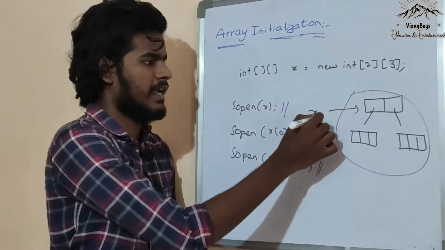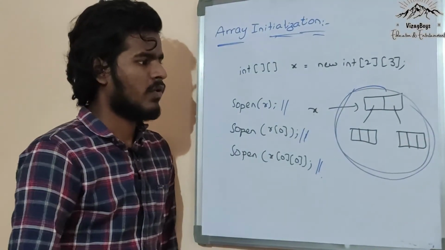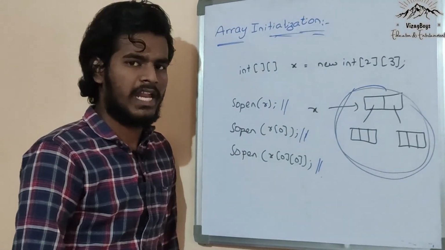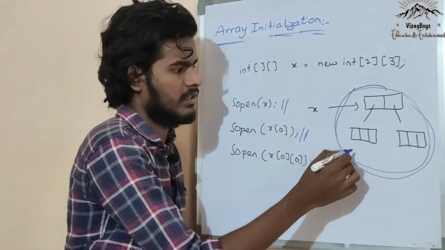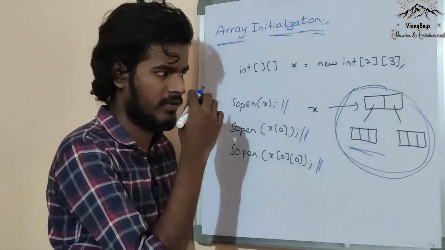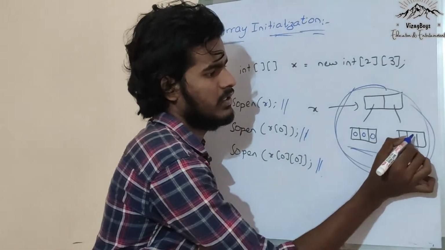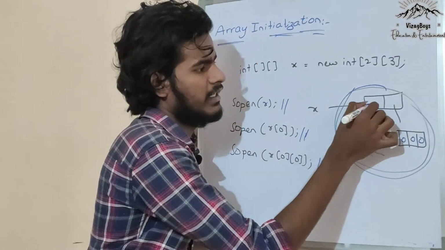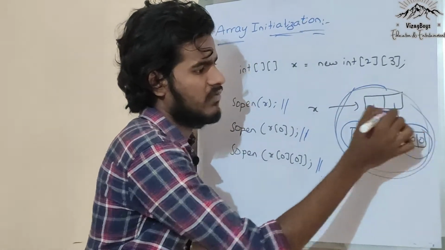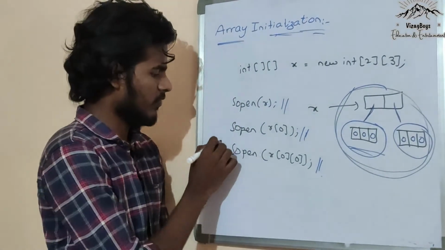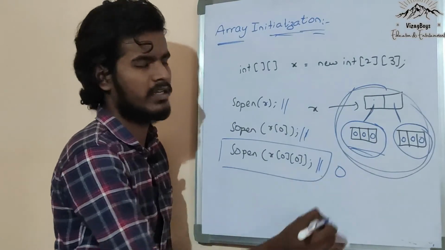Here X is the reference variable for this two-dimensional array. Once we create an array, all array elements will be initialized with default values, which is nothing but 0 0 0 0 0 0 0. This is the reference variable of this one. What is the output for this one? X of 0 of 0 is nothing but 0.